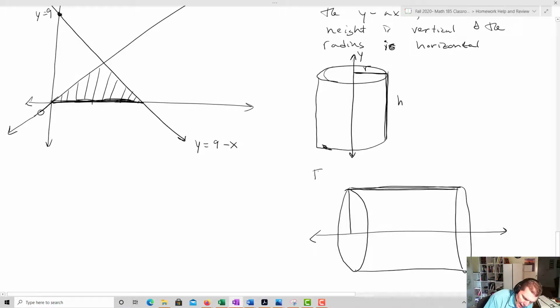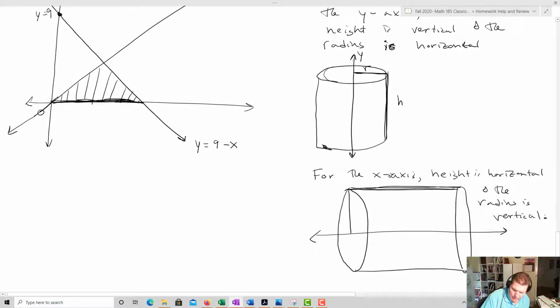So for rotating around the x-axis, the height is horizontal, again parallel to the axis, and the radius is vertical. So that's how we're thinking about this.